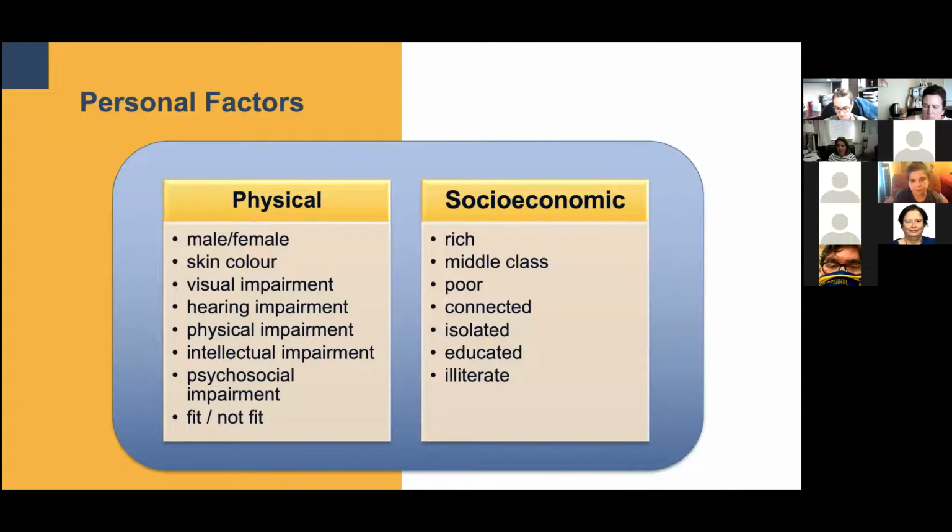Identifying or recognizing when it does happen and trying to provide services to those who don't. Those are pieces that we pull from this. So physical, of course, we do still see some gender differences, some racial differences that we've already talked about, even some differences based on type of disability, okay?